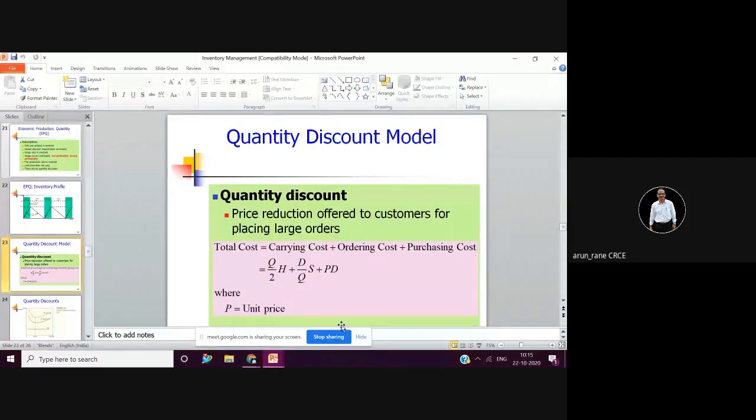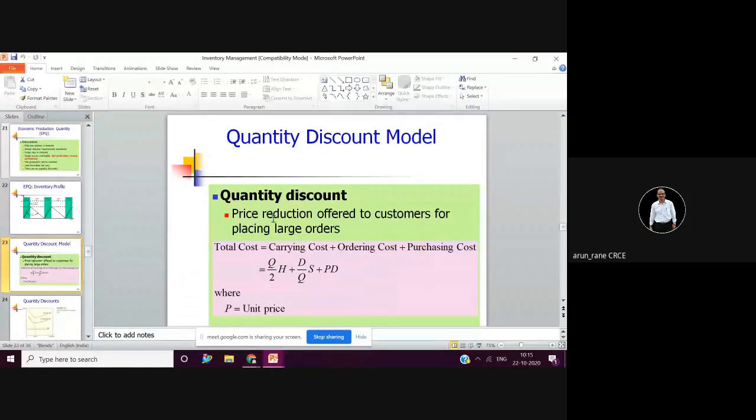Quantity discount model is not there. What does it mean? Quantity discount is a price reduction offered to the customer if he is placing large orders.